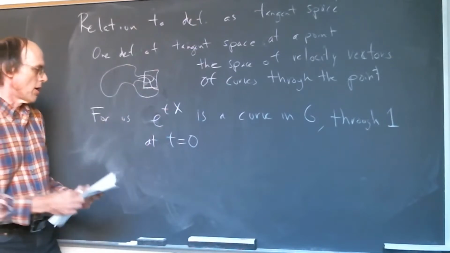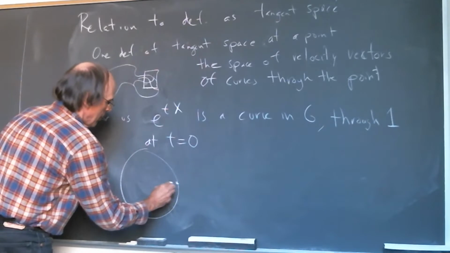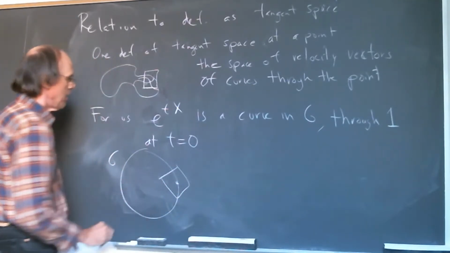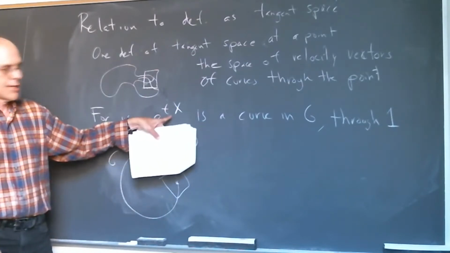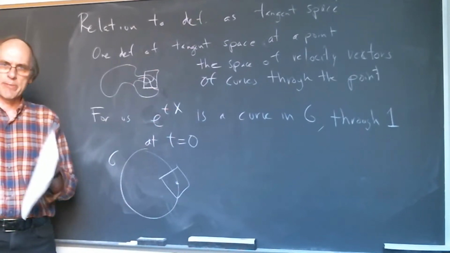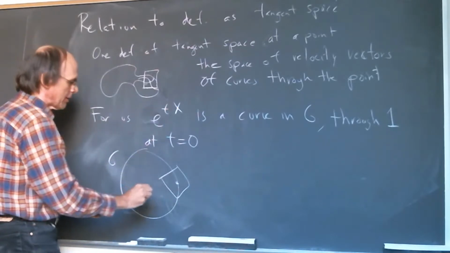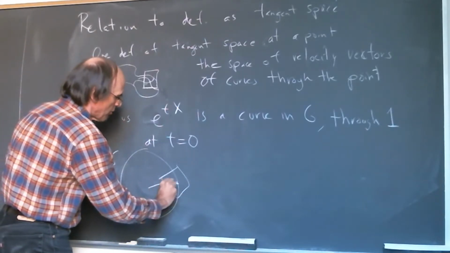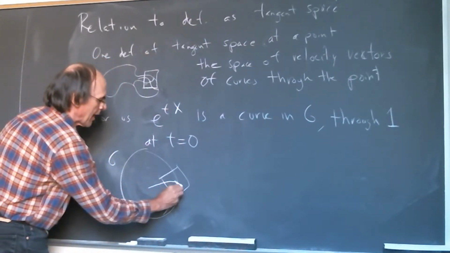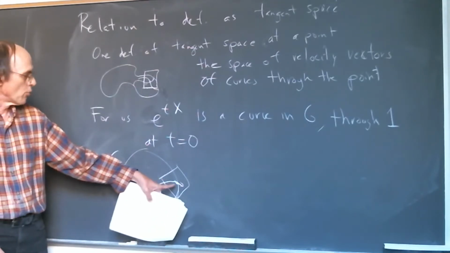So in our case, these tX's that we've constructed are curves. They're very special curves, not something arbitrarily complicated, but they definitely go through this point and have a velocity vector at 1.